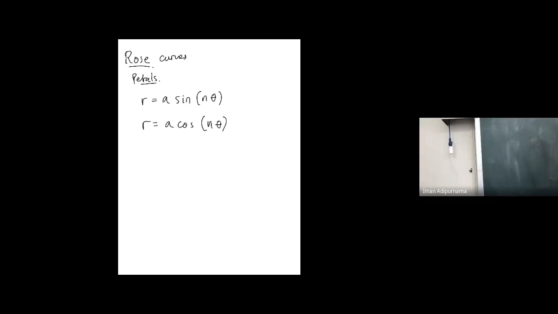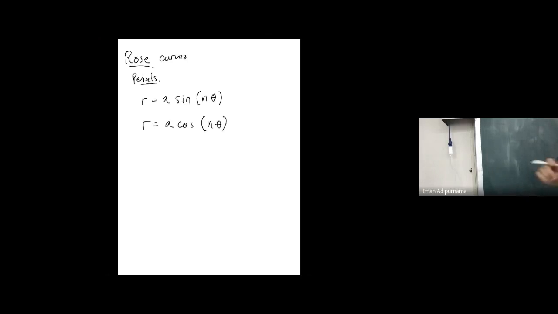Sine or cosine, similarly with before, is acting as the starting point, which determines top, down, left, right. And now you have some multiplicity in the angle. It can be 1, 2, 3, 4, etc.